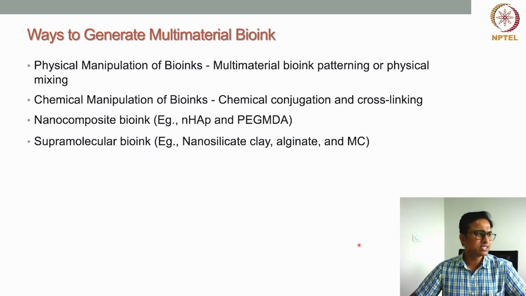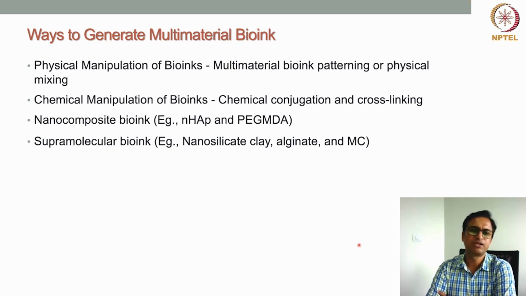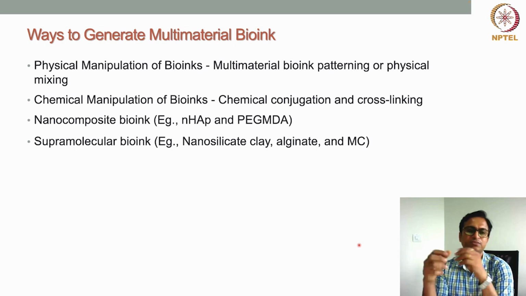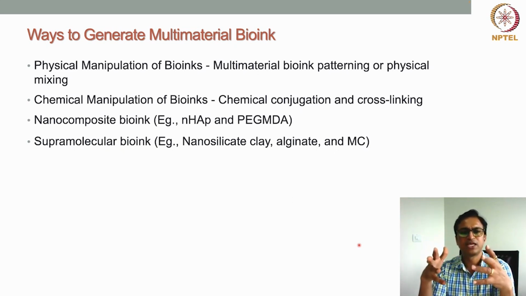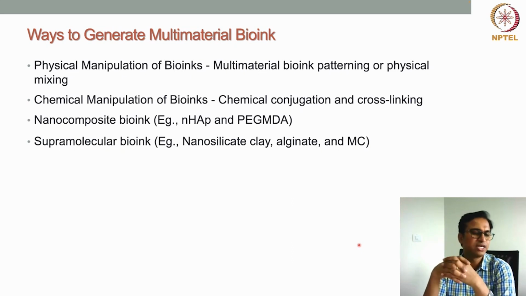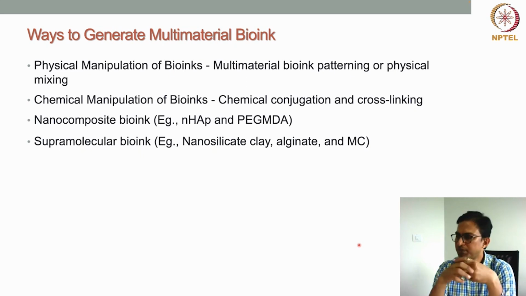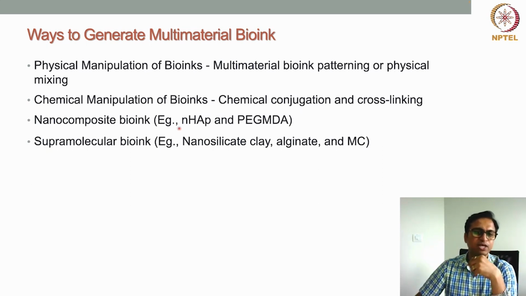Now we'll discuss the different ways to generate a multimaterial bioink system. Should we just mix the different components together and then develop the mixture? One way to do that is physically mixing the components of the bioink together in the final form that can be used for the bioink. But the first point mentioned is physical manipulation of bioink.